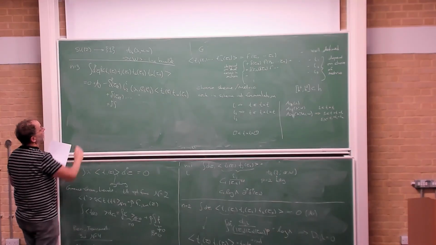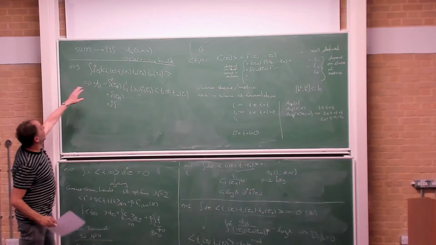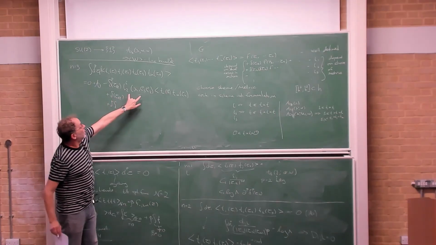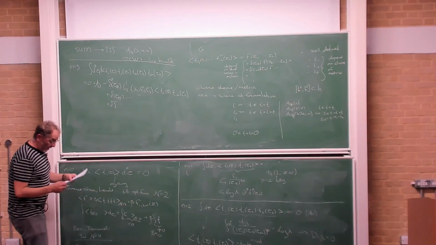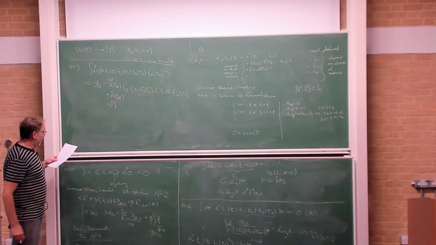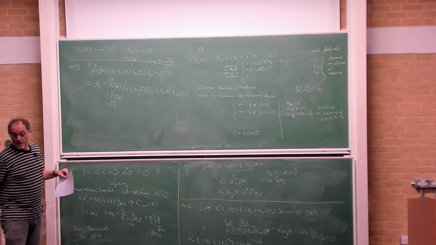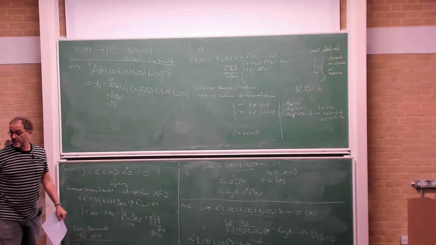So if you have a calculation and you do this integral and you read what the contact term is, you know what the vector field is at quadratic order. But that is a bit of an ugly and pointless calculation to do.